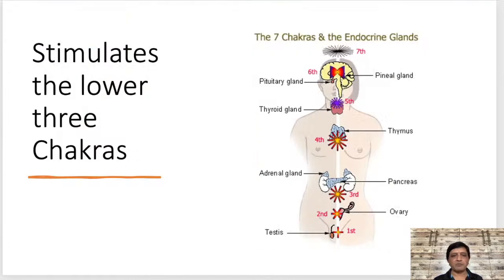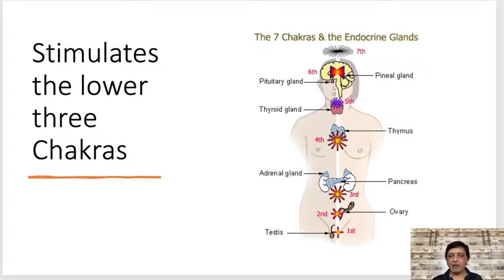And to top it all, it stimulates the lower three chakras. As you know, we have multiple chakras or energy centers in the body. Seven of them are highly recognized. In that, the lower three, the Muladhara chakra at the base of the spine, the Swadhisthana chakra at the sacrum, just slightly above the tailbone.